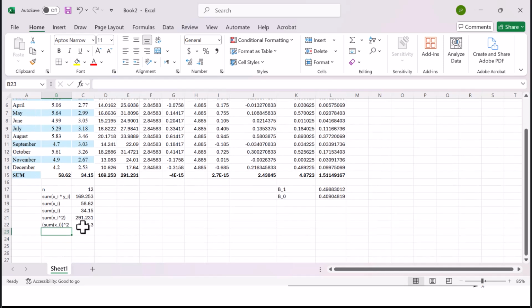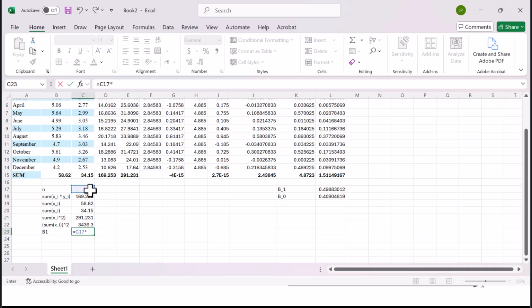Now we can find beta 1. So beta 1 is equal to n, this one 12, multiply the sum of xy, then minus the sum of x multiply the sum of y. This is the upper side, and the lower side is equal to n multiply the sum of xi square minus the sum of xi, squared, right?